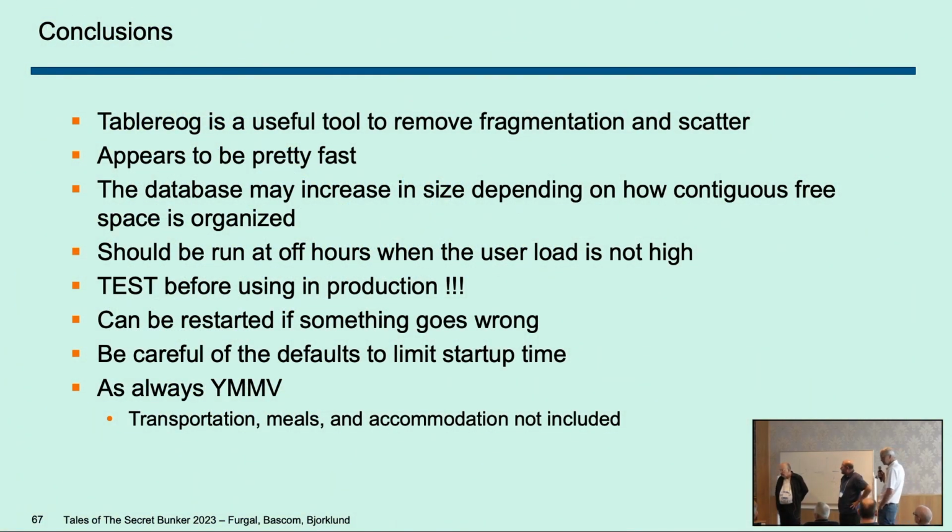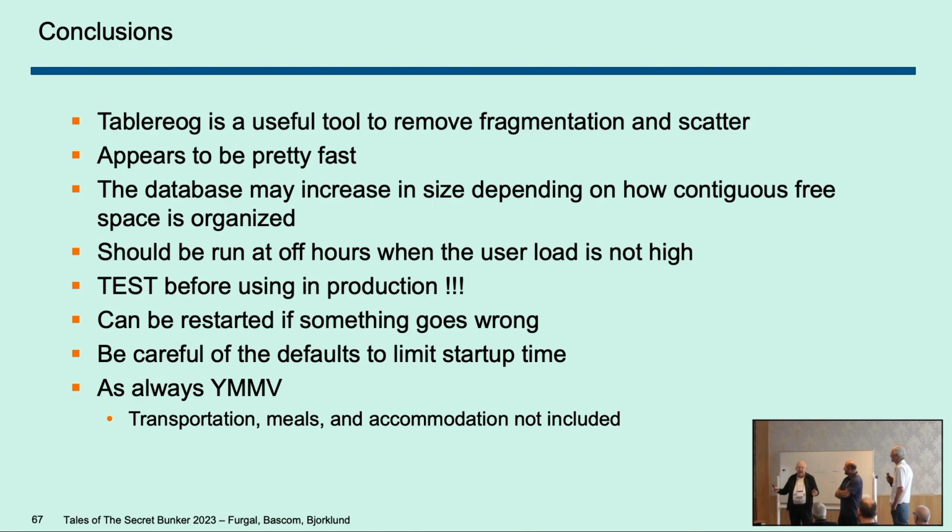So in conclusion, we think table reorg is obviously a useful tool to remove fragmentation and scatter if you need to do it online. It's pretty fast, sort of, maybe, for varying values of fast. Gus's opinion is it was fast. Tom objects to me having said that. He's like, how come I have to say this?